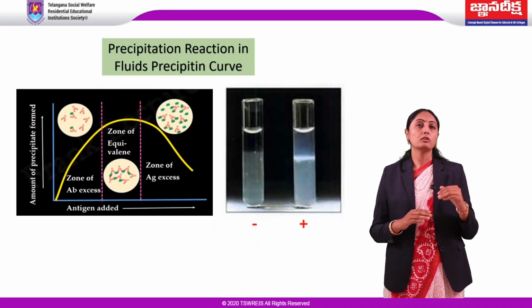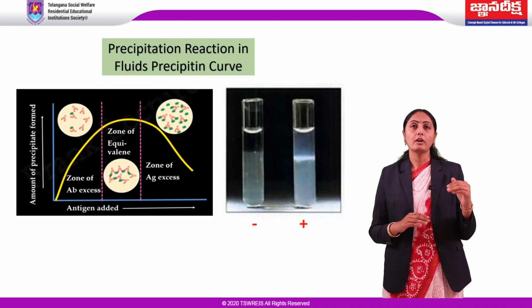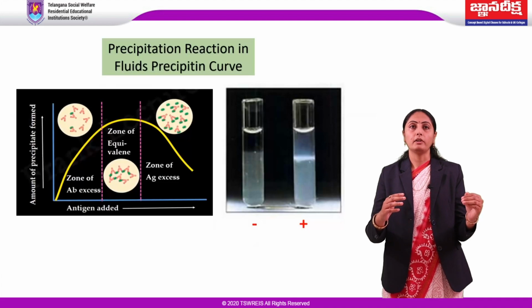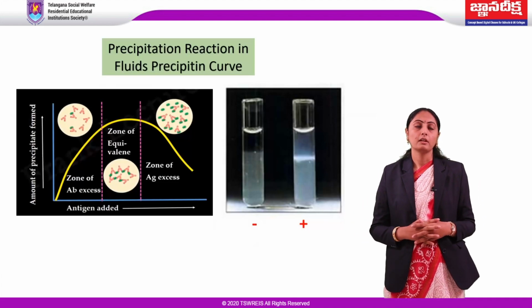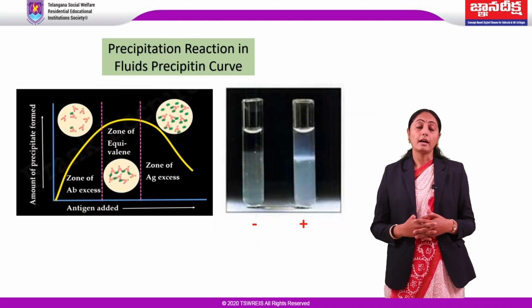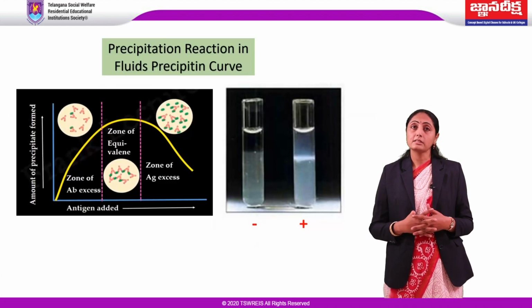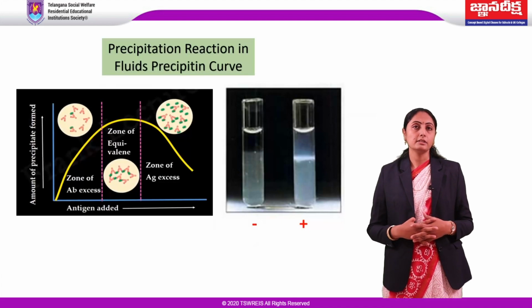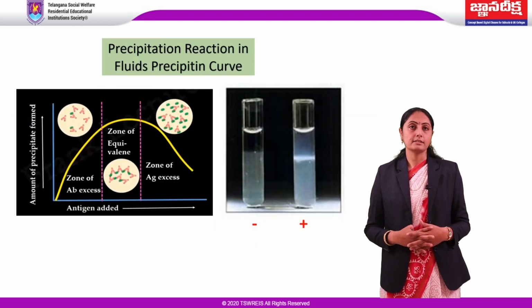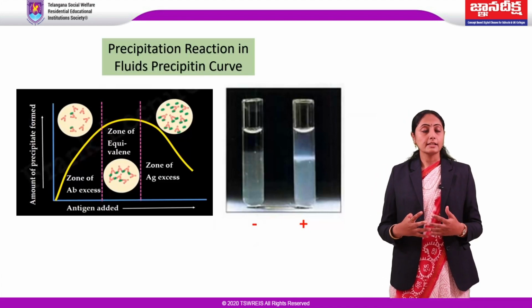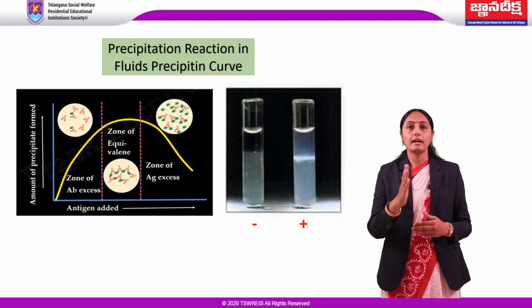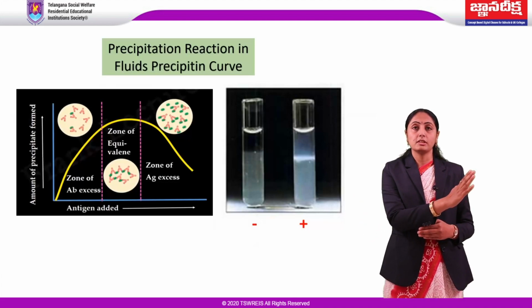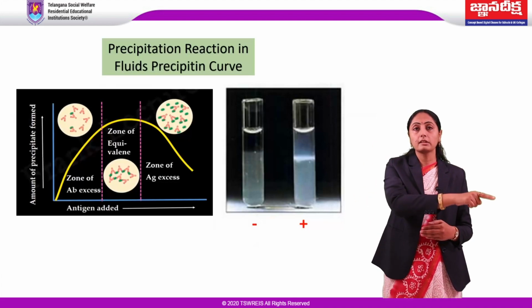In tubes with optimal concentration of antigen and antibody, a visible precipitation is observed. This is due to an insoluble lattice formation that occurs at the zone of equivalence. As seen in the image, plotting the amount of precipitate against increasing antigen concentration yields a precipitin curve.